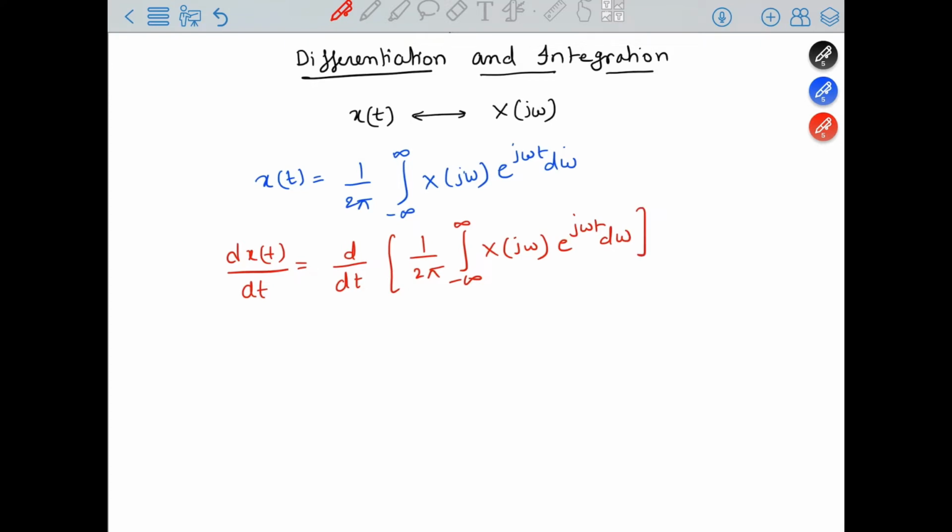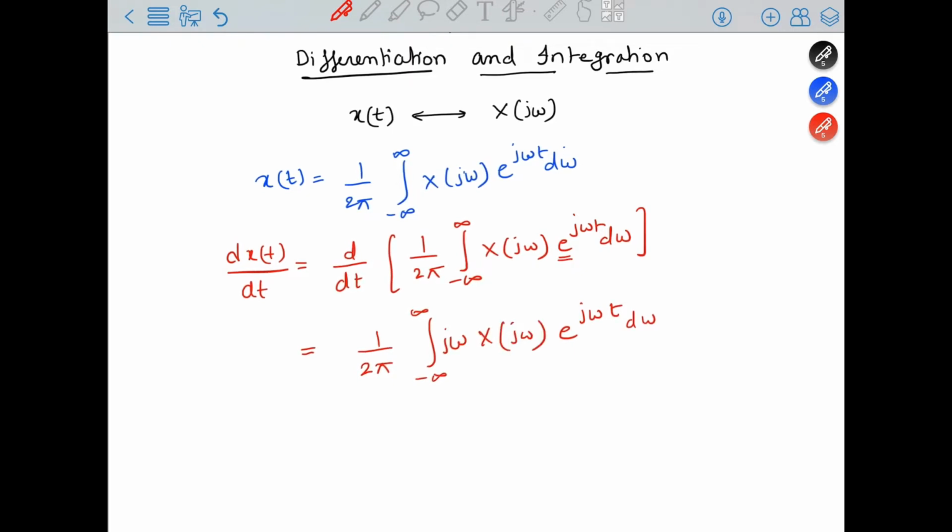So the differentiation is with respect to time, so it will be equal to 1 over 2π integration from minus infinity to infinity. This term will give us e raised to the power jωt dω, and the rest part will be jω X(jω).